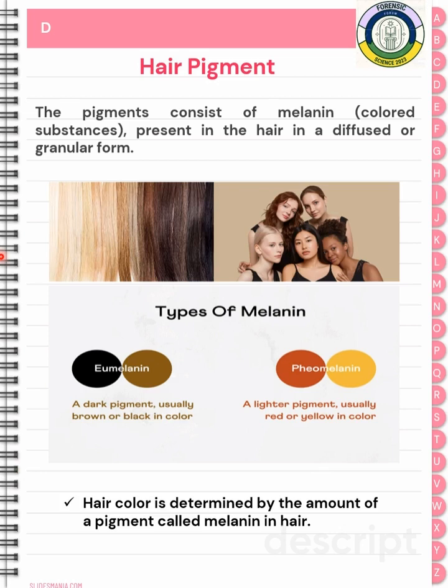The color of the hair is determined by the amount of melanin present. For example, gray hair indicates a lesser amount of melanin, while darker hair indicates a higher amount of melanin.